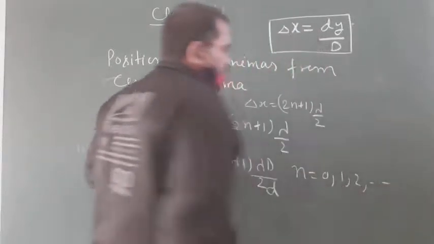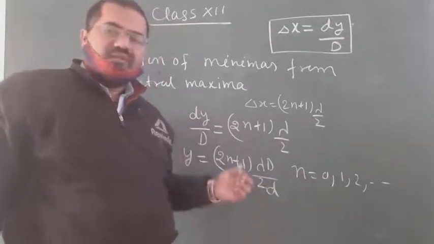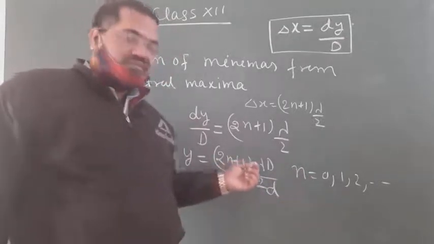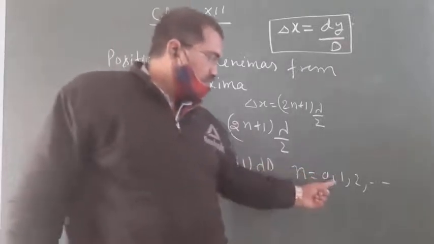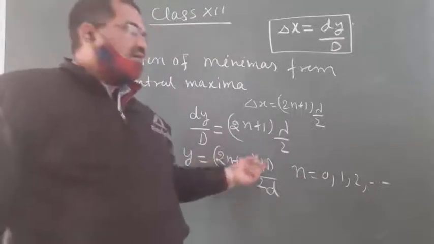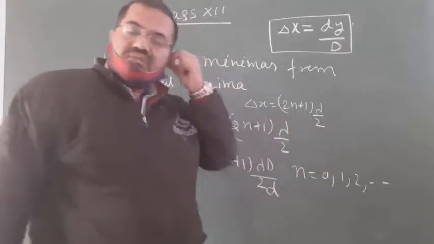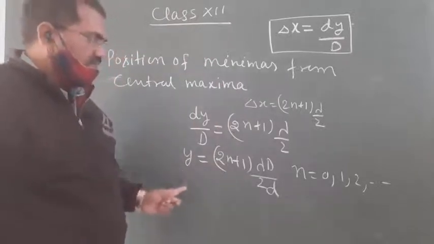This is the general formula for minimas from central maximum, and you should take n equal to 0, 1, 2 and so on. When you put n equal to 0, you will get the position of first minima from central maxima. If you put n equal to 1, you will get second minima. When you put 2, you will get third minima. Remember that.